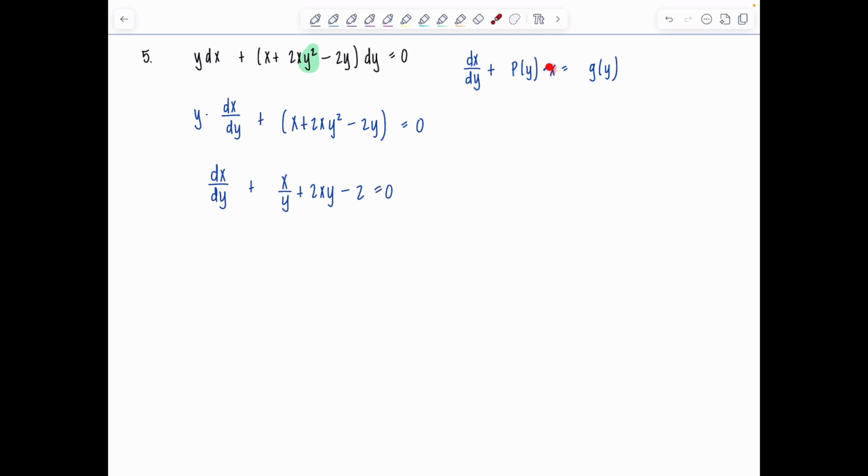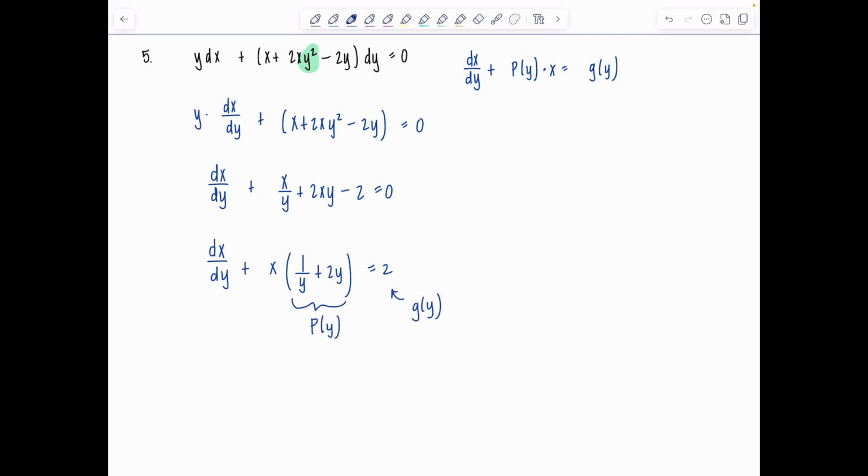And I want to have everything times x on one side, and then over there is going to be my g of y. So I have dx/dy plus, let's factor the x out, and then now I have 1 over y plus 2y equals 2. This is my p of y, and this is my g of y.